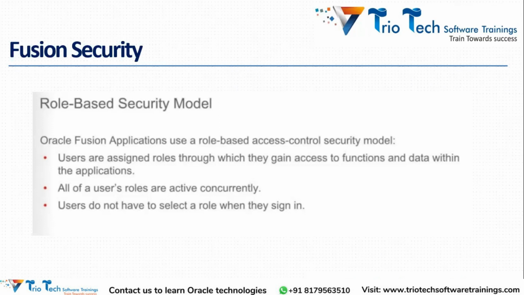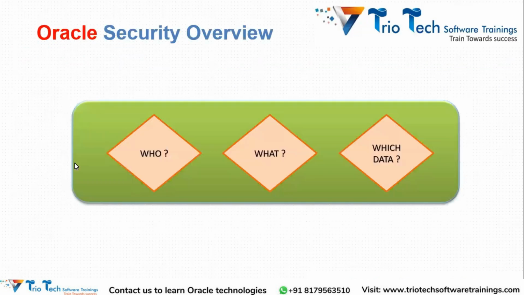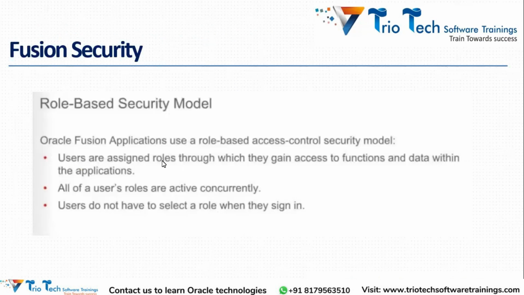There is a particular job role that is assigned to those users who are supposed to perform those tasks. That is why we call it, in Fusion Security Administration, a role-based security model. Oracle Fusion Applications uses a role-based access control security model. Users, the who part, are assigned roles through which they gain access to functions and data within the application.